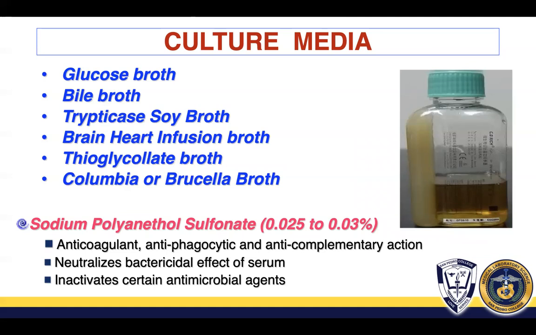Trypticase soy broth is not for samples that may contain Neisseria and Streptococcus pneumoniae. Instead, you can use the brain heart infusion broth for that, because this is a multi-purpose broth. For anaerobes, the best broth would be thioglycolate. And for Brucella, of course, you have the Colombia or the Brucella broth.